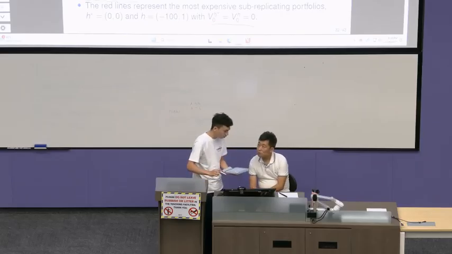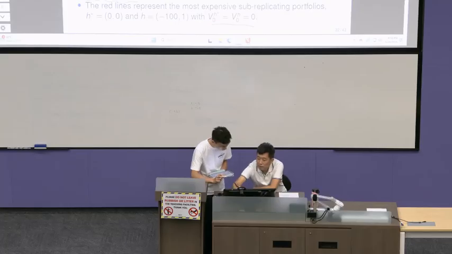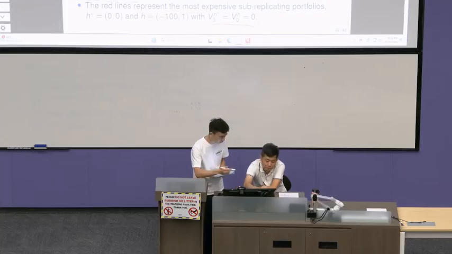Suppose this is your H star, and the black one is your H1. Your H star at time T is always greater than your H1 at time T, so your H star at 0 is also greater, because of no arbitrage.